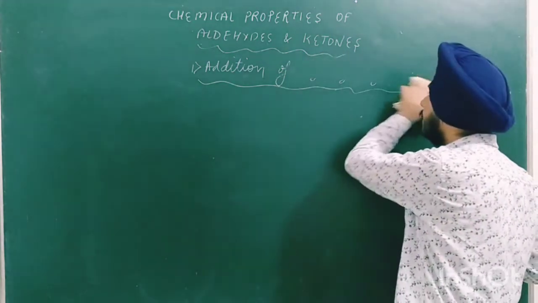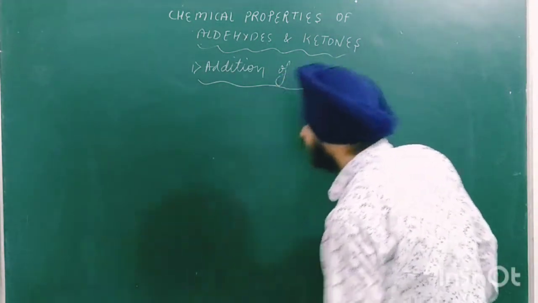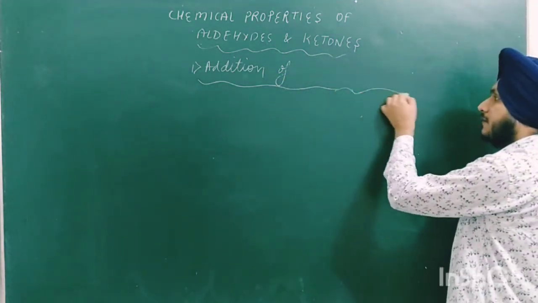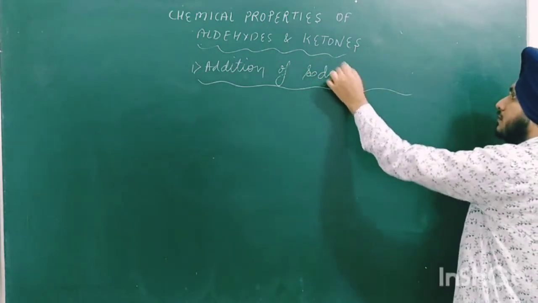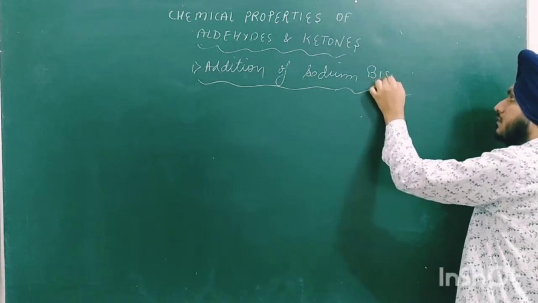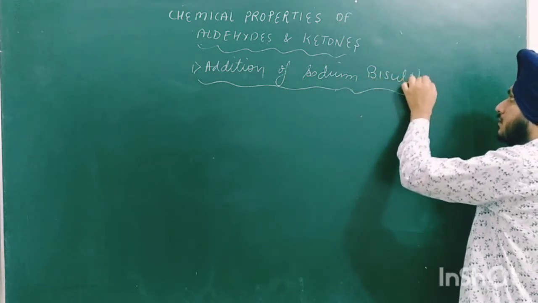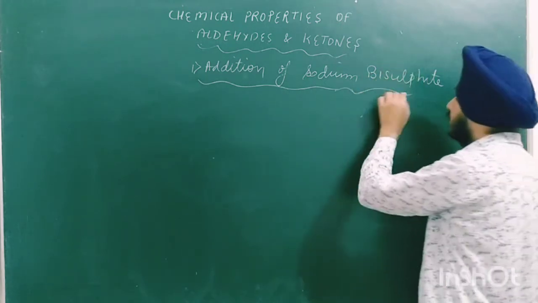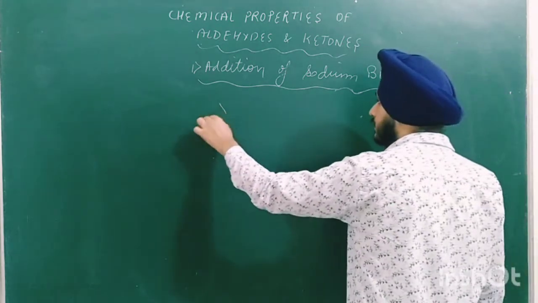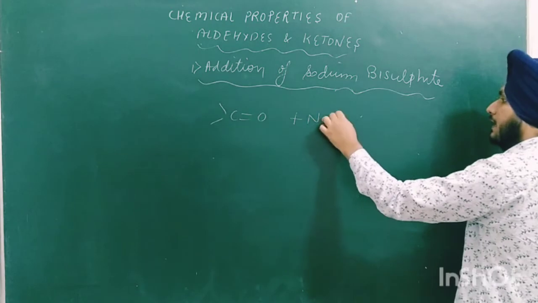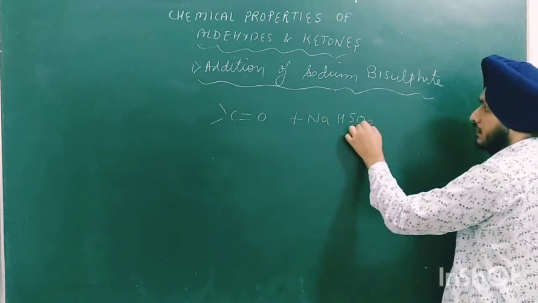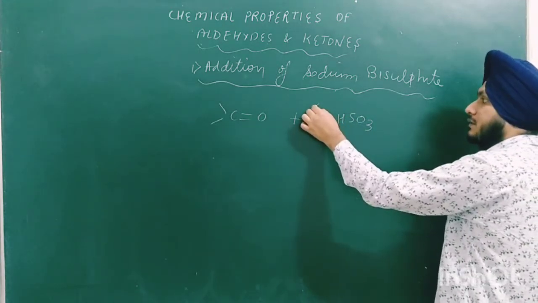Now what is sodium bisulfite? Sodium bisulfite is NaHSO3. Here we have a positive charge.